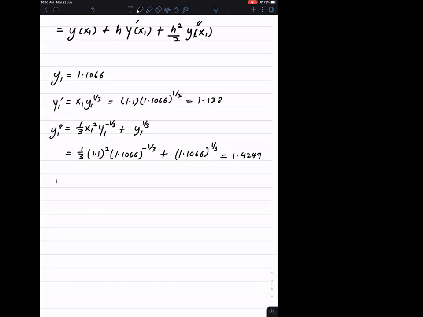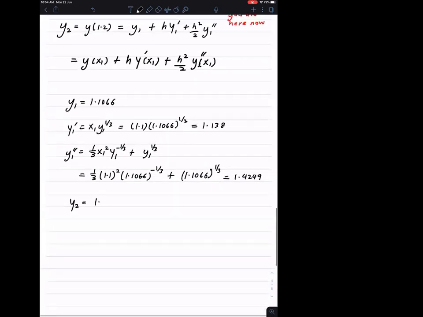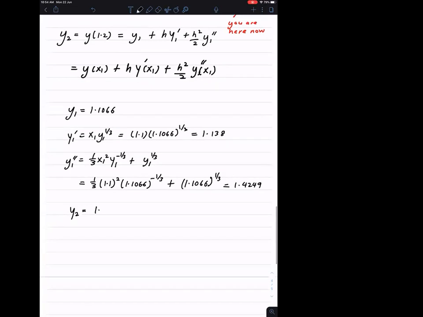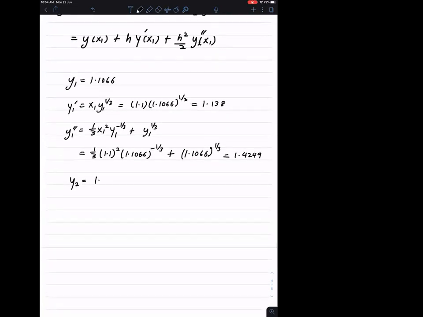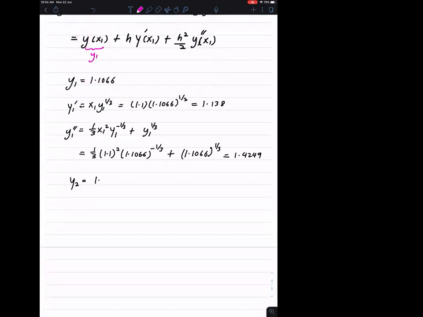Then y2 is this formula here. This is the formula. You are going to put them all together. This is the same as I said, y1. You don't have to use x1 inside there if you don't like.